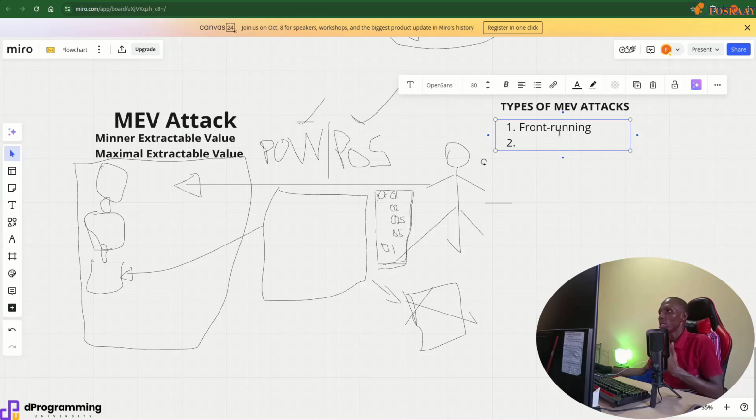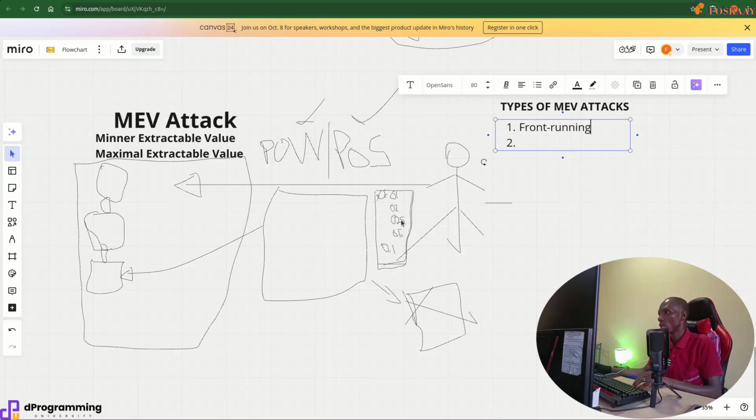So when you are being front run, it means that these people have access to all these transactions as miners, or they have set up bots that collude with miners. You understand?